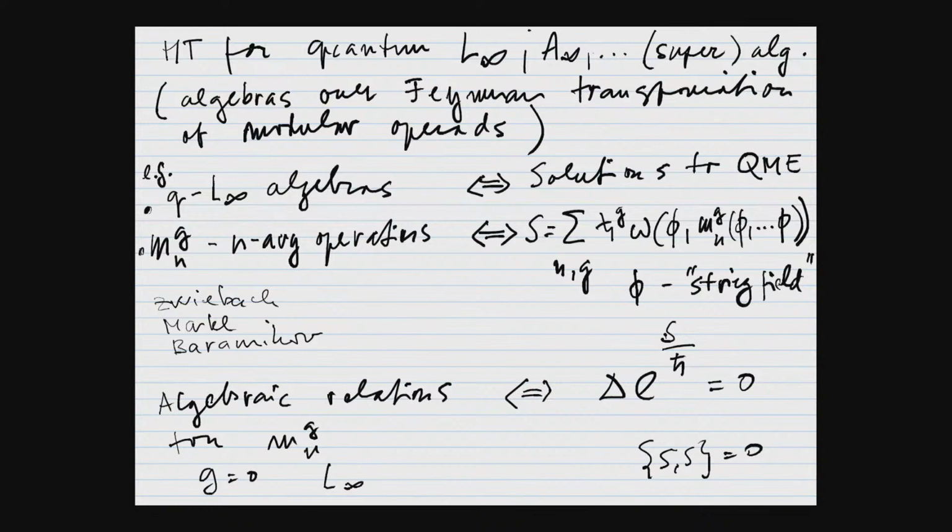In these more general cases, like A infinity, C infinity, etc., I would need a product to be able to write an exponential. And for this you need some more structure on these modular operads. You need something which you can call connected sum, which gives you the product.